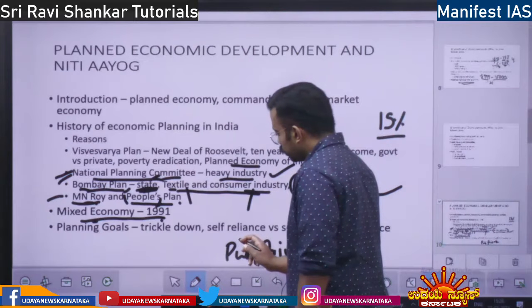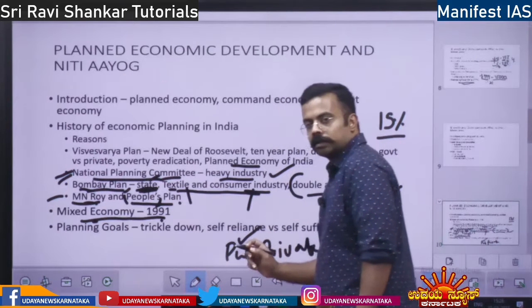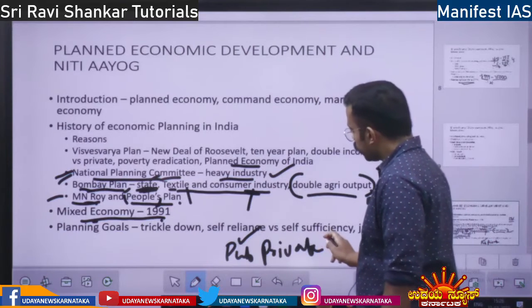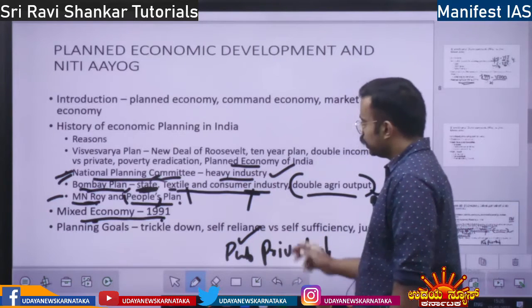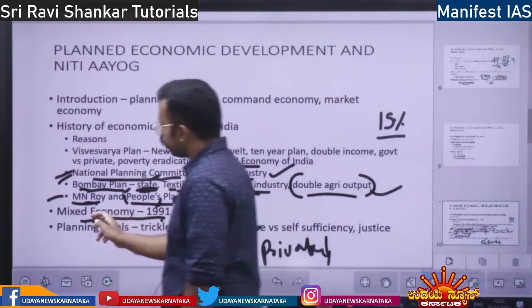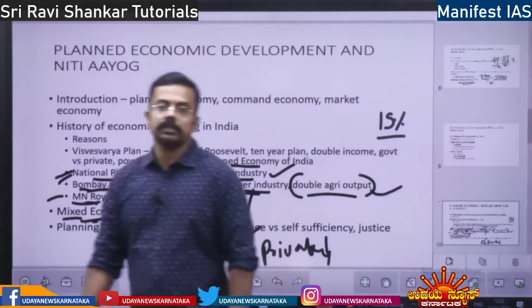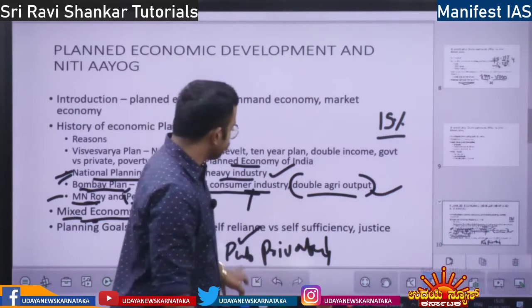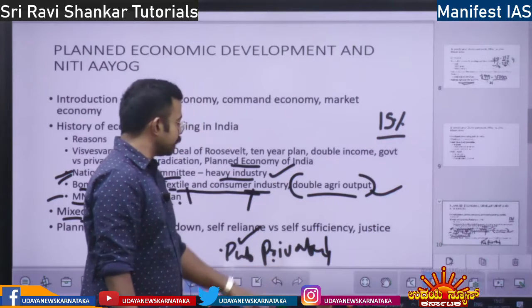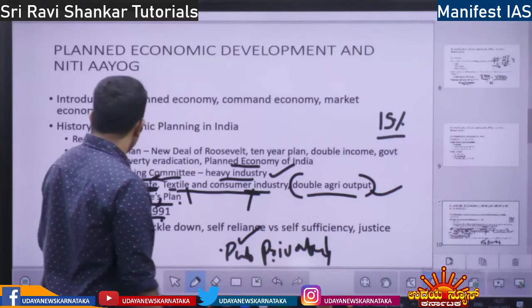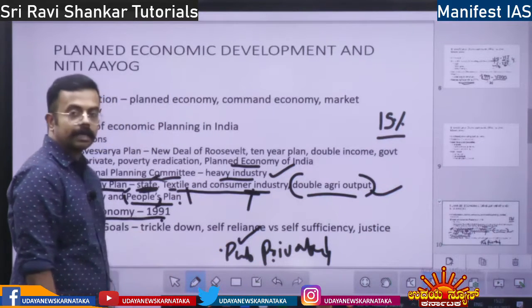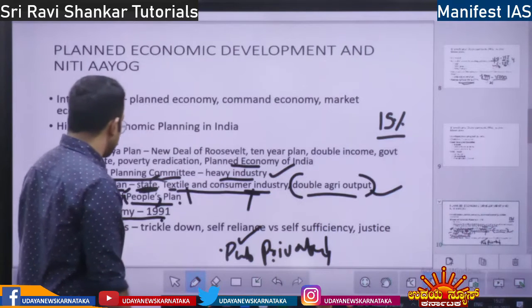1991 public sector was high, private sector was less, but it will be called as a mixed economy, right? No matter what the public sector or private sector contribution is, it is called a mixed economy. Both are there, less or more, it is there.